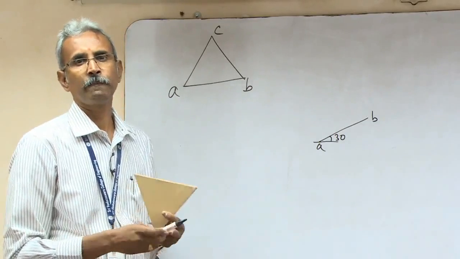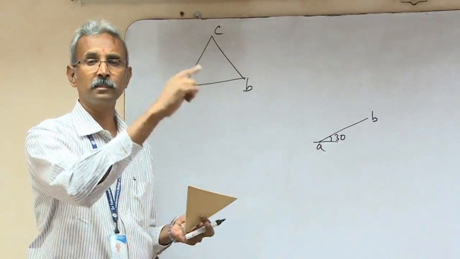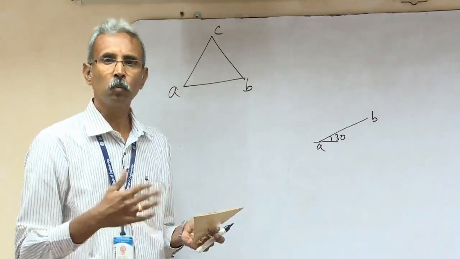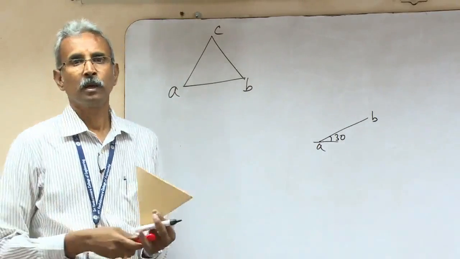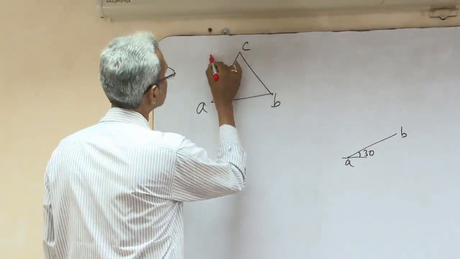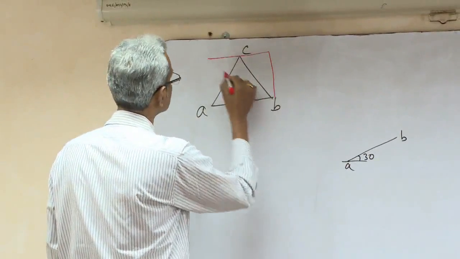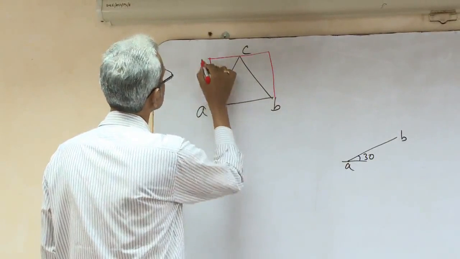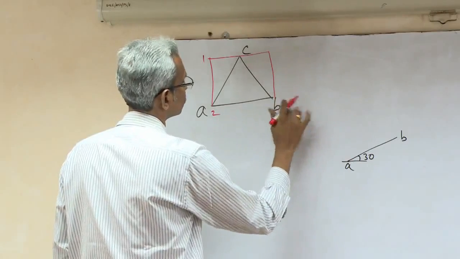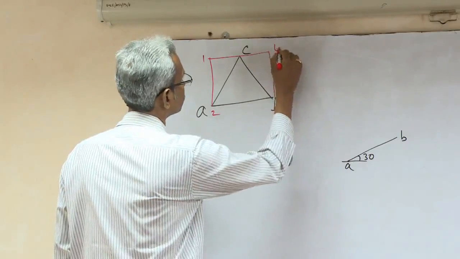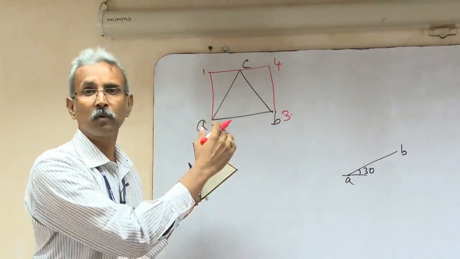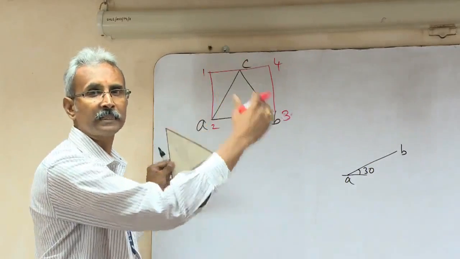So then how do I go about it? Whereas when it is a rectangle or a square, I have the method to draw the isometric view. So what we will do, we will enclose this triangle inside a box.